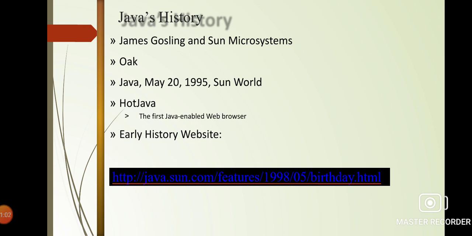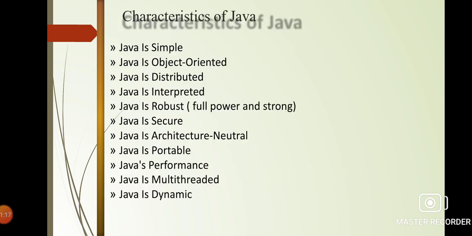The yearly history website is java.sun.com, features 1998-05 birthday.html. This is the best website. If we search over here, we can know the yearly history of Java.